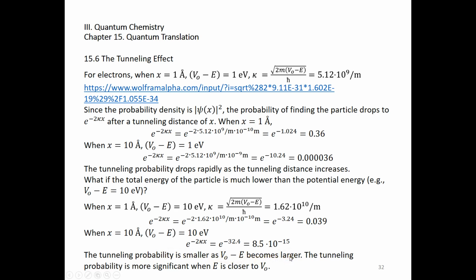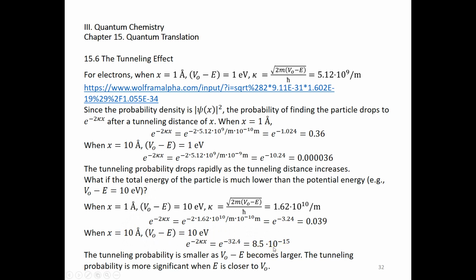So it's actually possible to have a negative kinetic energy for the particle appearing outside the box, but it cannot be too negative. A little negative is fine, a short tunneling distance is fine, but a long distance and a very negative kinetic energy results in a very small tunneling probability.